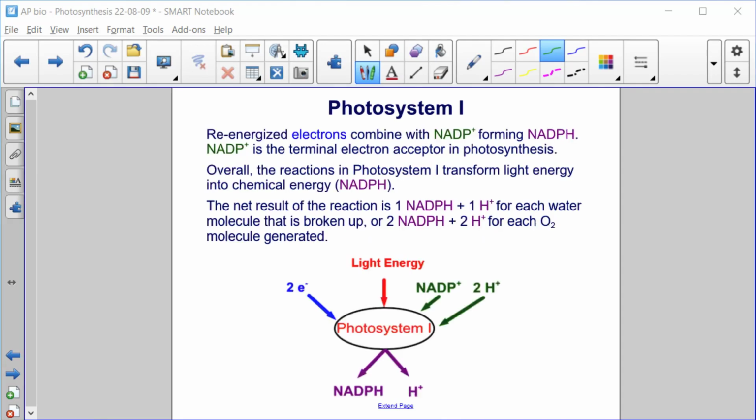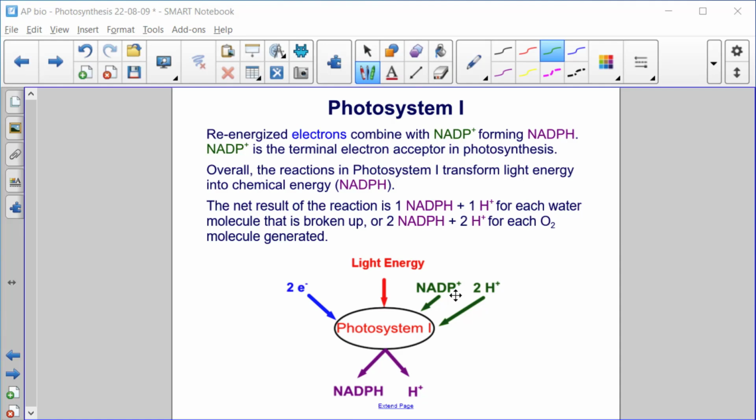All right, so these re-energized electrons here combine with NADP plus, forming NADPH through the addition of one of these protons here. NADP plus is the terminal electron acceptor in photosynthesis.